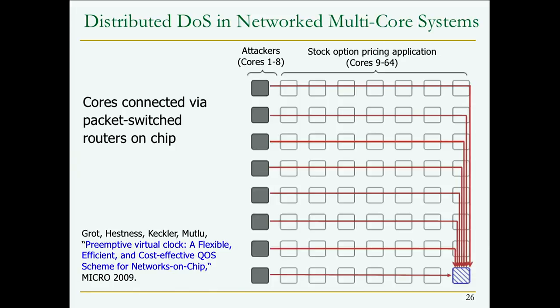For example, if all of these cores want to access this memory controller because their memory happens to be mapped over there, they may actually go through this path. They may send a lot of requests that go through these paths if you do the routing in some fashion. If you look over here, the routing is done at the X route first and then the Y route next. As a result, you get a lot of contention over here, and especially over here.